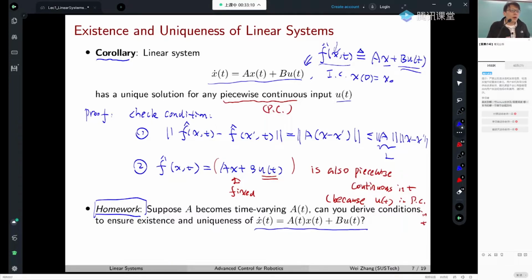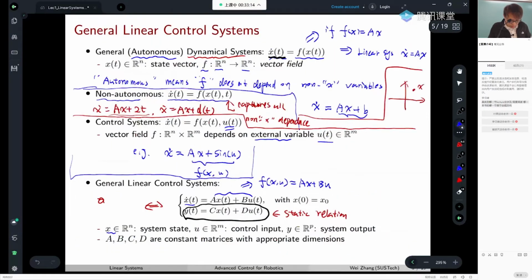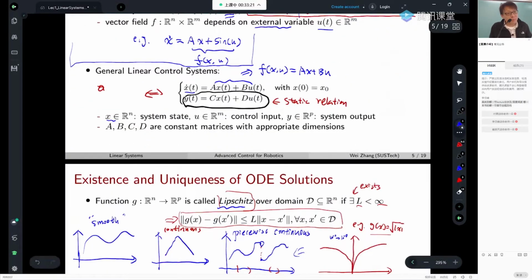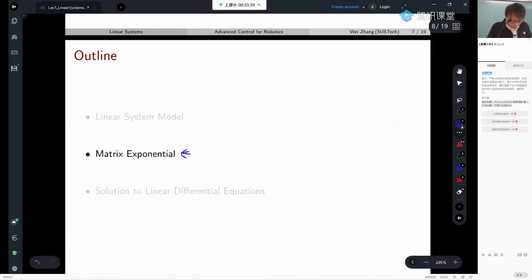So far all we have learned is that this is a so-called linear control system, and this system has a unique solution. We didn't tell you what the solution is yet. Now our next job is to derive the solution, for which we need to introduce the so-called matrix exponential.